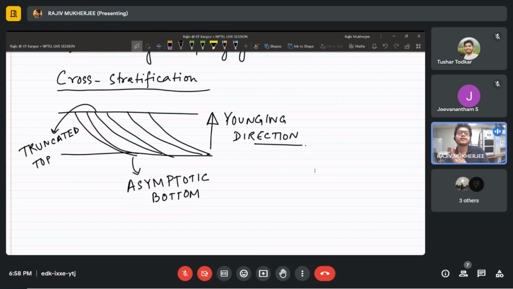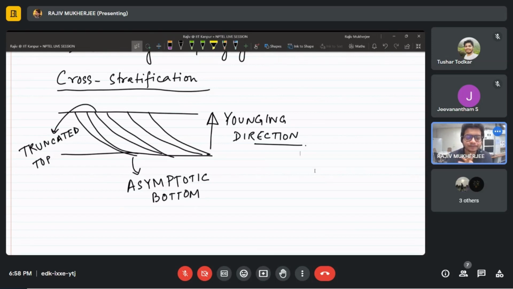So using this information, how can we utilize this to understand whether a sequence is inverted or not? Anyone?